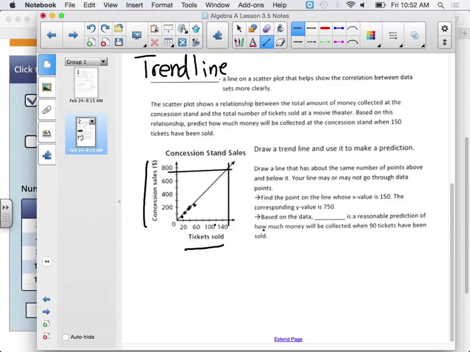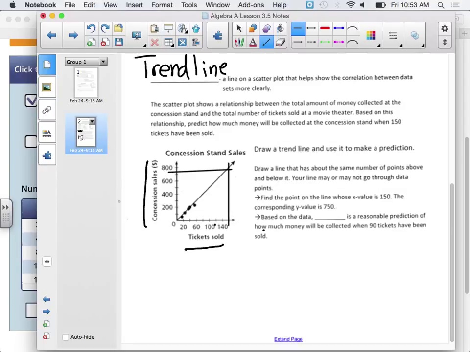So it says draw a line that has about the same number of points above and below. We've already done that, but notice that it goes kind of through them. So if you guys are ever doing examples, like we will in a little bit, you want to make sure that there's a balance between what's above and below your line. Because if you just make one side super heavy with the points and the other one has like 2 or 3, it won't be very accurate, will it?